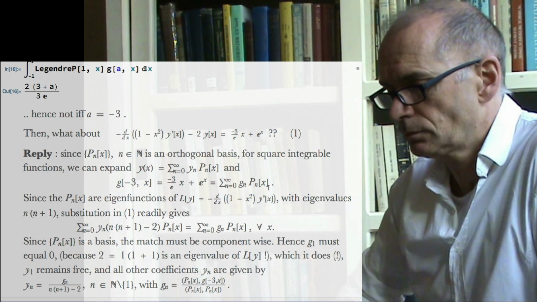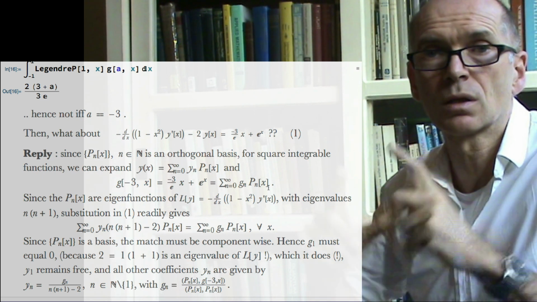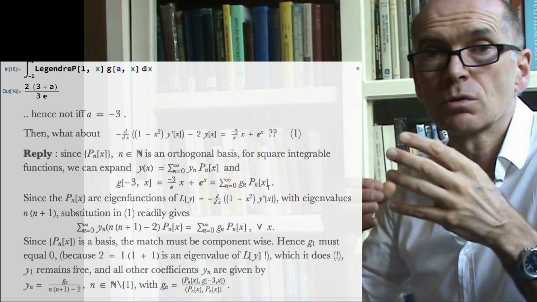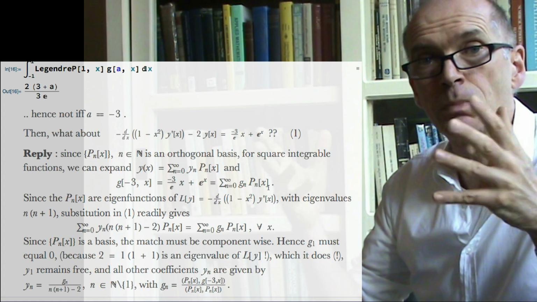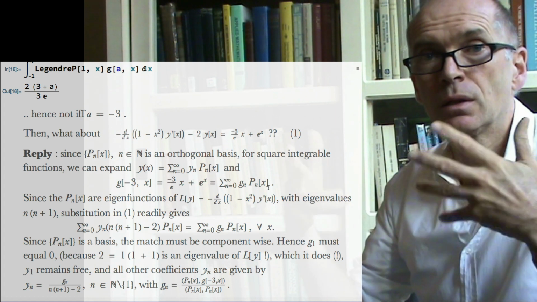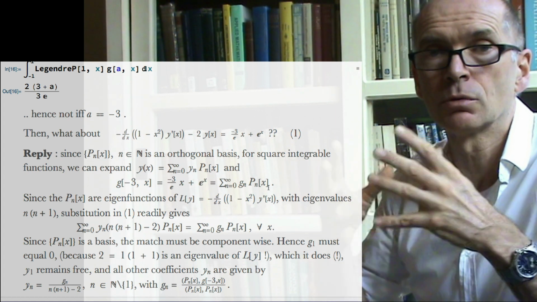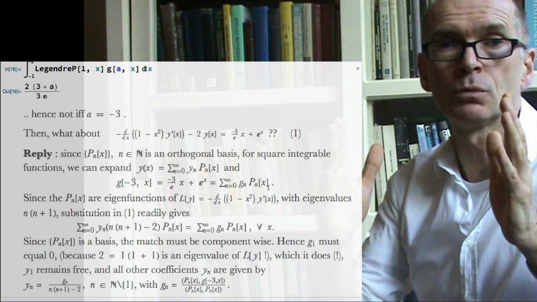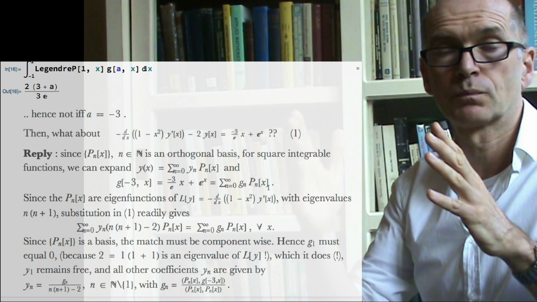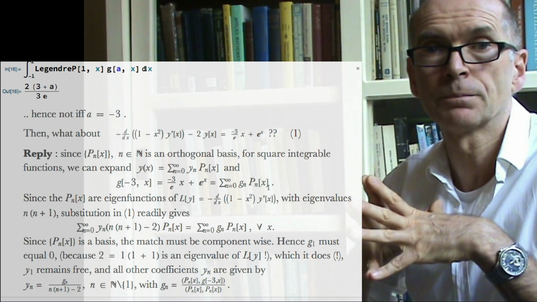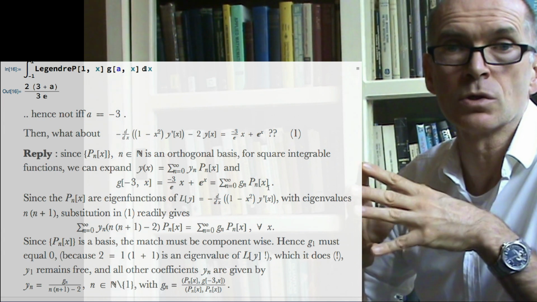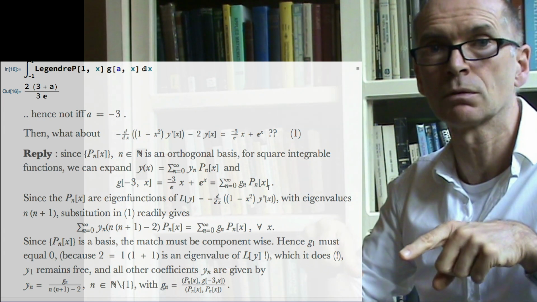Now, again the set of Legendre polynomials is a basis. And we have expanded left and right-hand side with respect to a basis. So it is really like putting two vectors equal to one another. Both vectors are represented with respect to some basis. So you have the components of those vectors with respect to the basis.